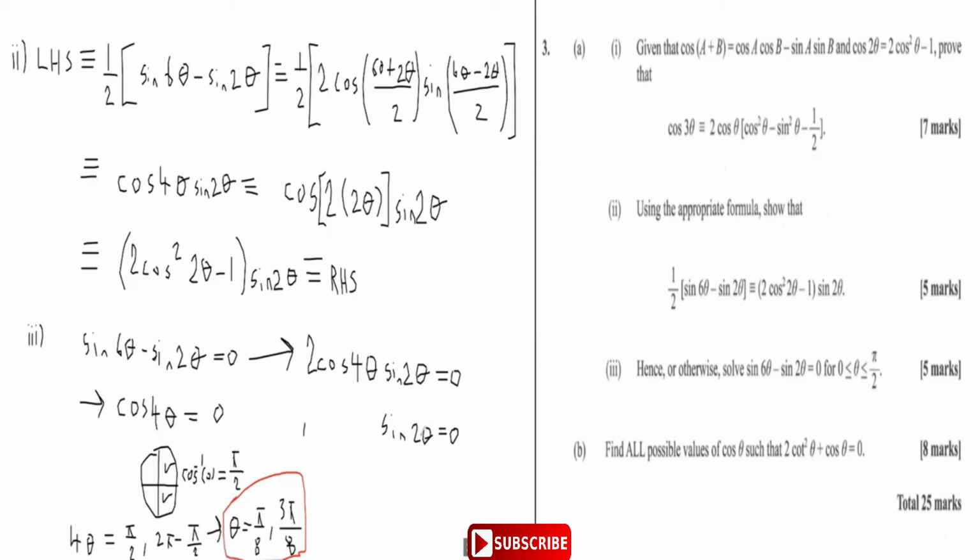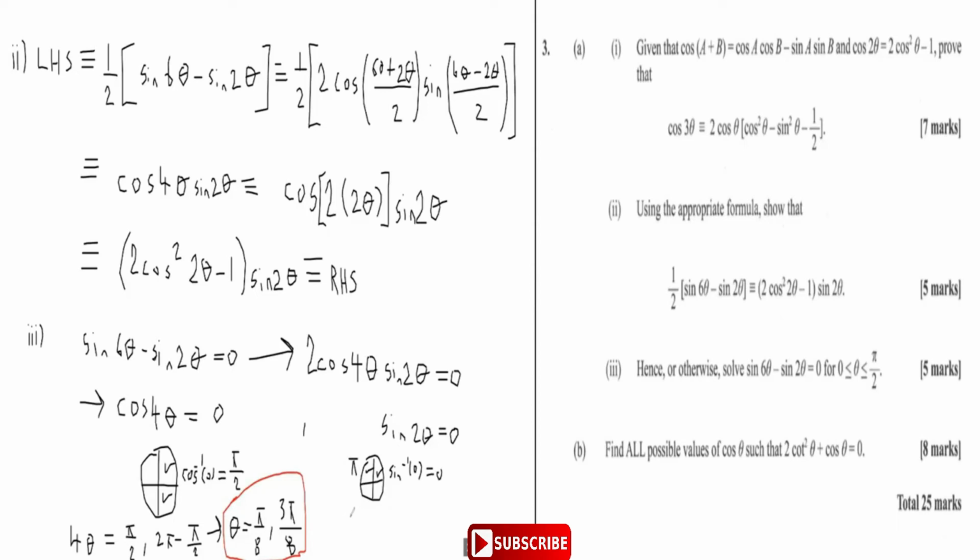Now, if we're solving sine 2 theta is 0, you can go ahead and draw a circle. We know that sine is positive in the first and the second quadrant. So sine inverse of 0, your principal acute angle, is 0. If it is 0 in this quadrant, it's going to be pi minus 0 in the other quadrant, which is pi.